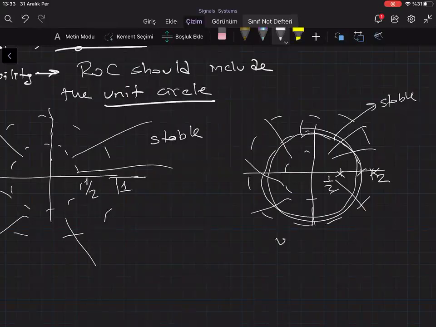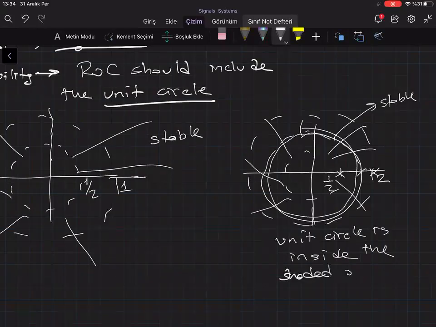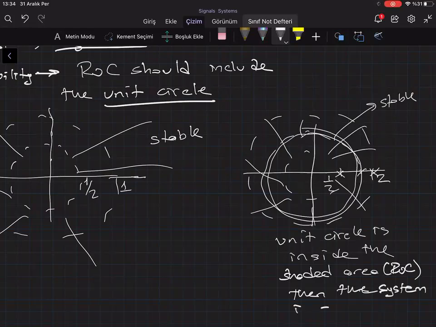The unit circle is inside the shaded area, which means ROC, then the system is stable.